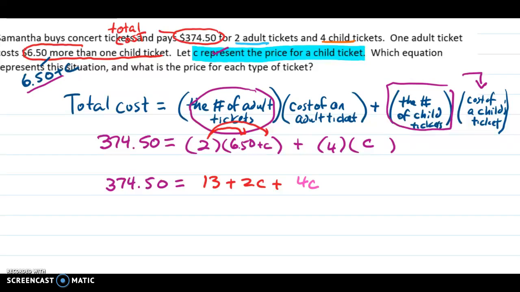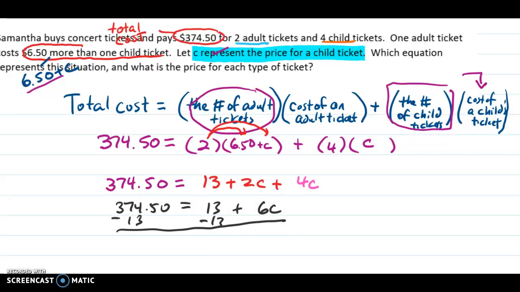The next step is we need to combine like terms. 2C plus 4C is 6C. And now we'll go and solve for C by subtracting 13. And we're going to end up getting a result when we subtract $13. So it's $361.50.